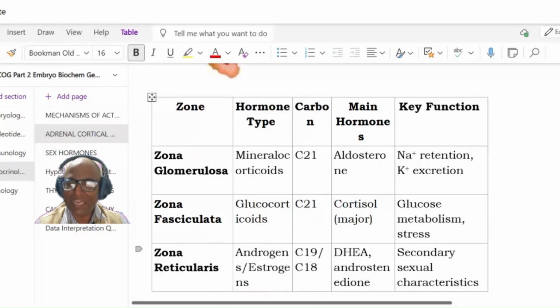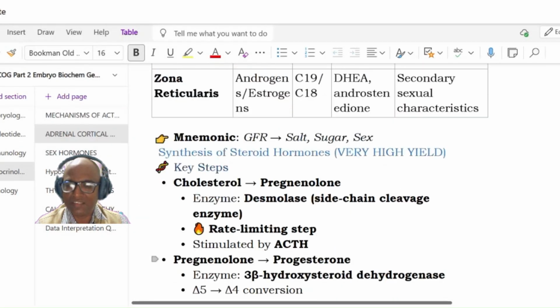The main hormones are DHEA and androstenedione. So remember, from the adrenal cortex you get DHEA and androstenedione. When we talk about androgens, testosterone is also an androgen, but in the adrenal cortex you will get mainly DHEA and androstenedione, and the action is on the development of secondary sexual characteristics.